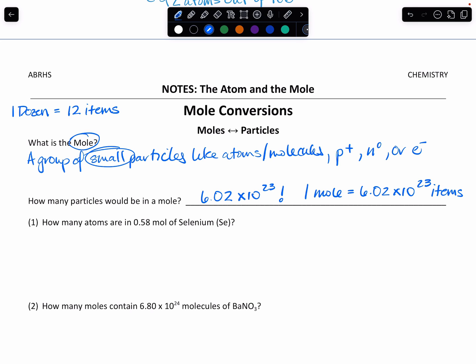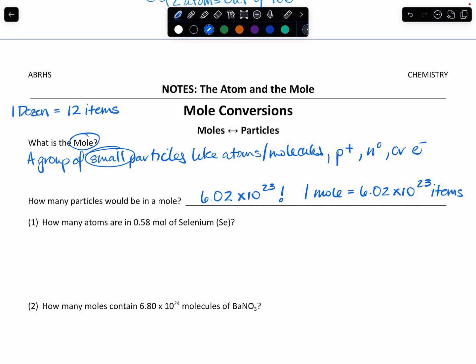Because that number is so large, the particles themselves have to be really, really small or they would take up a huge amount of space. If we had 6.02 times 10 to the 23rd basketballs, for example, and we put them all together, it would be the size of the earth. We don't need to measure that much in basketballs. A dozen basketballs is plenty.